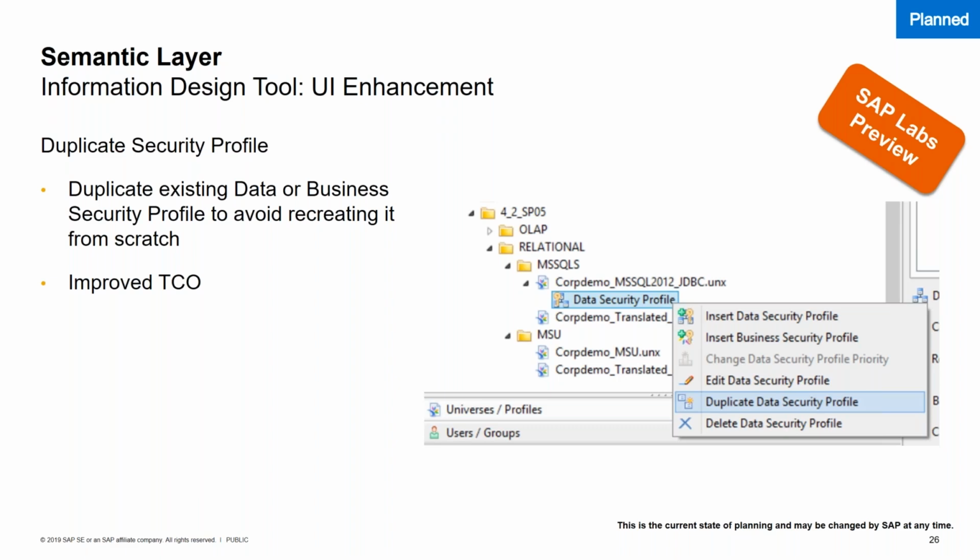To achieve this, go into the security editor in the universe profile view, right-click on your existing business security profile, and in the contextual menu select duplicate security profile or duplicate business security profile to get a duplication of your existing work. A new security profile similar to the selected one will be created with a different name, and it will be assigned to the same user or the same group by default.